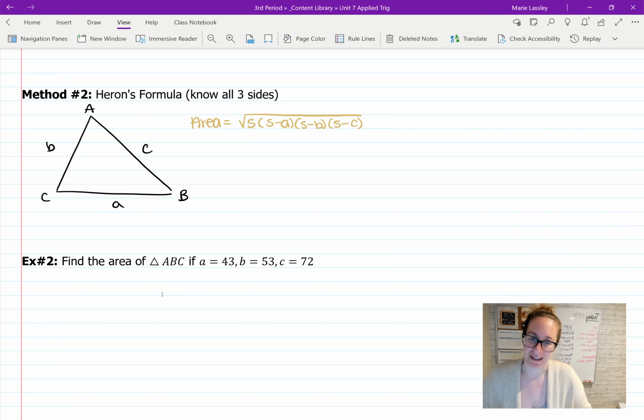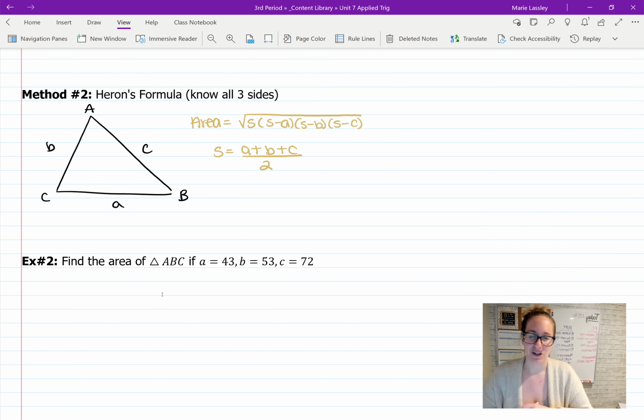Because it's not in my picture. S is A plus B plus C divided by 2. All right, so you need to add up all three sides, divide by 2, and then you can use this area formula. So it's not that bad.